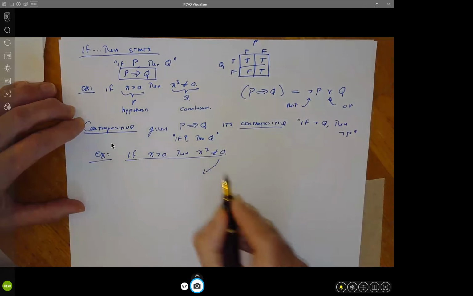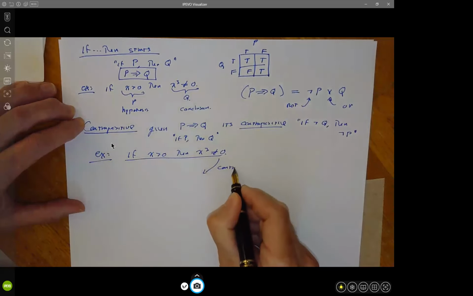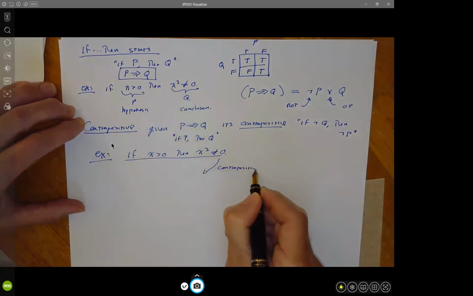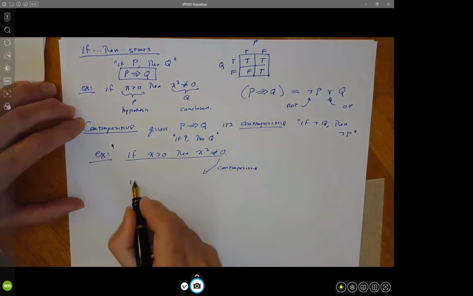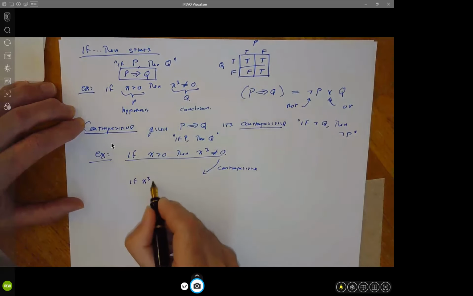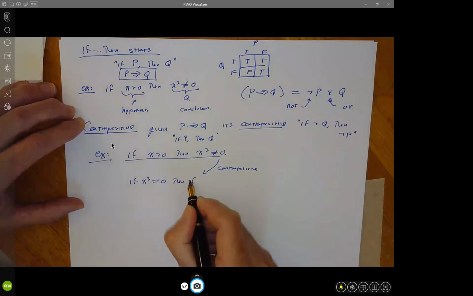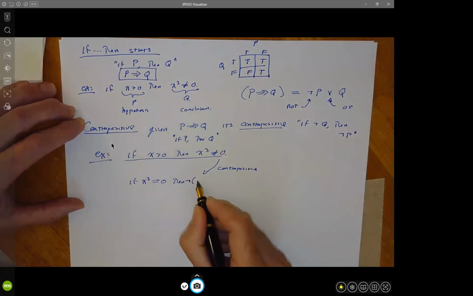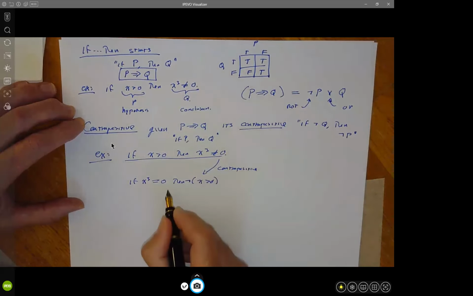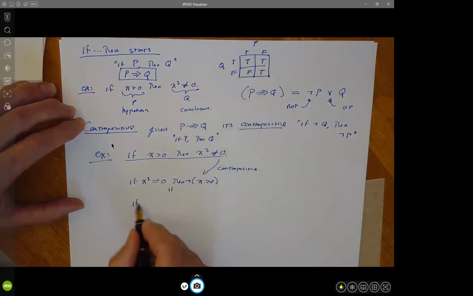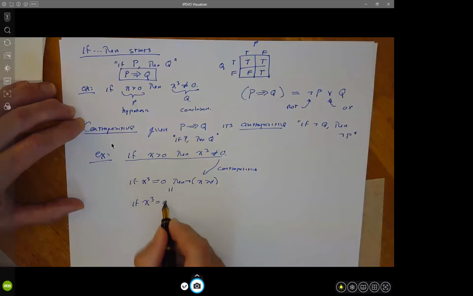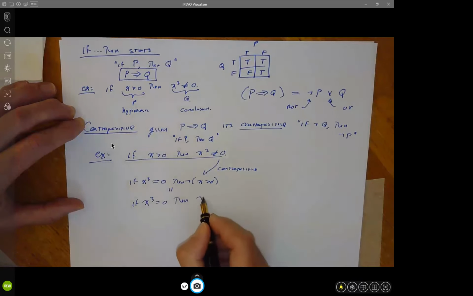The contrapositive of the statement is if x cubed equals 0, then not x greater than 0, which of course is equal to if x cubed equals 0, then x is less than or equal to 0.